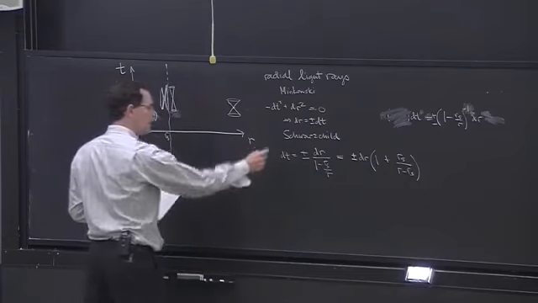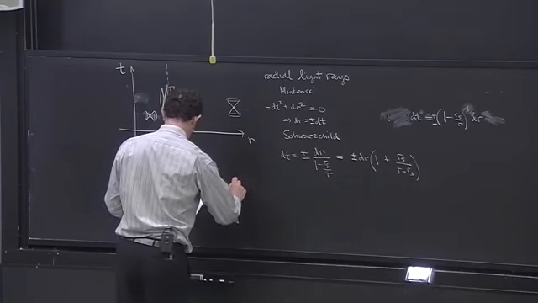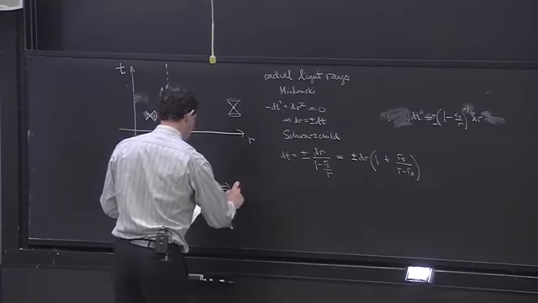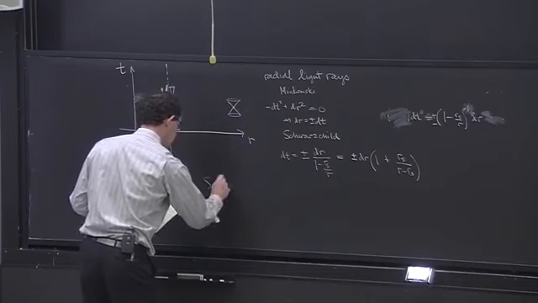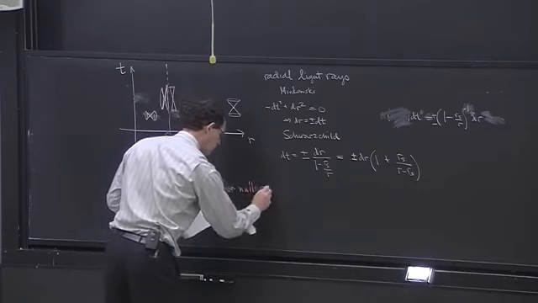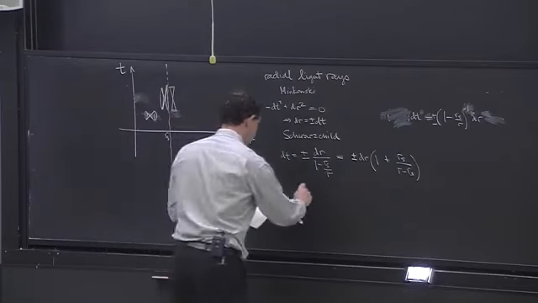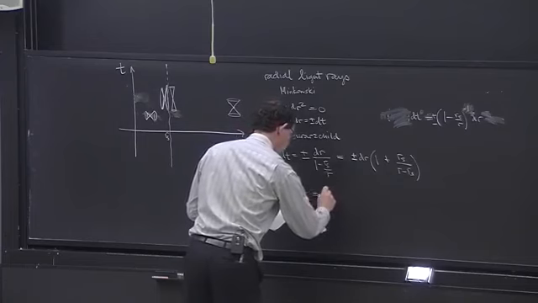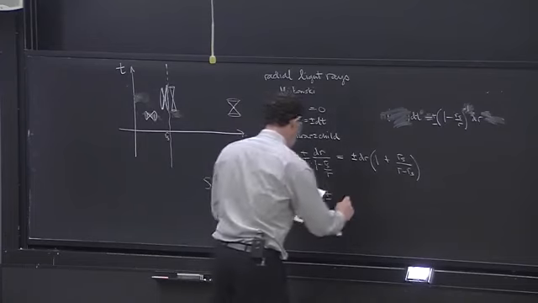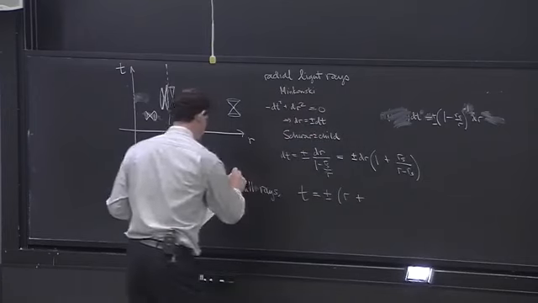So now this we can integrate. So for null rays, we can integrate this equation. t equals plus or minus r for radial null rays.